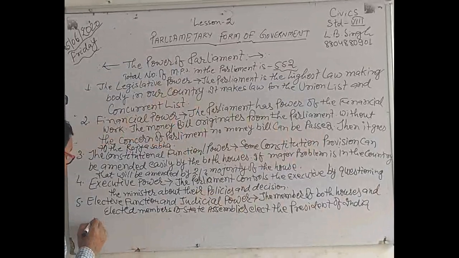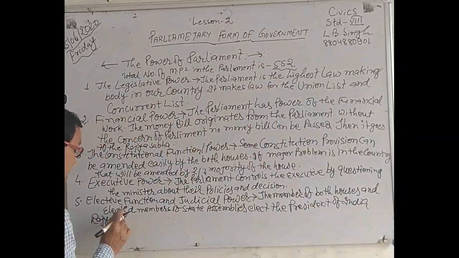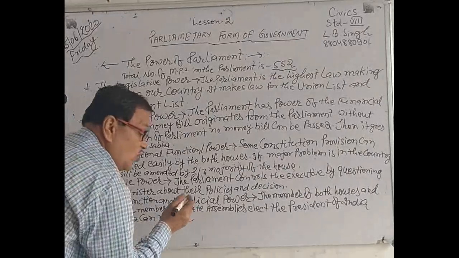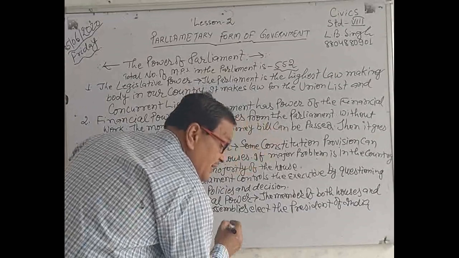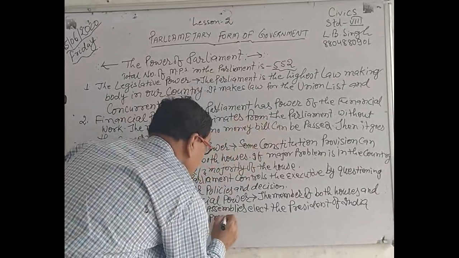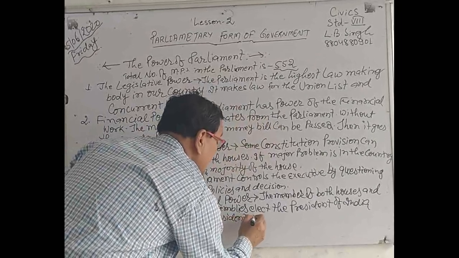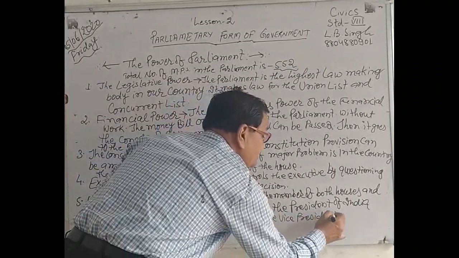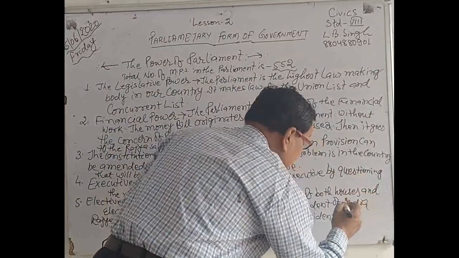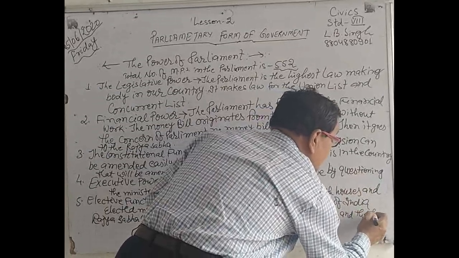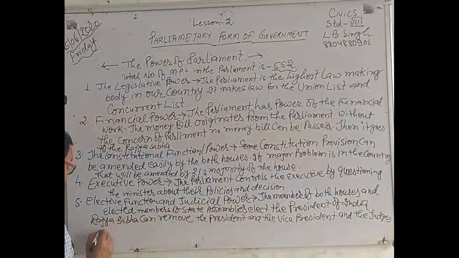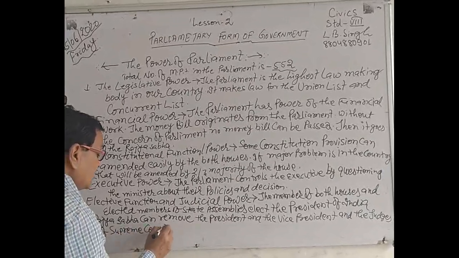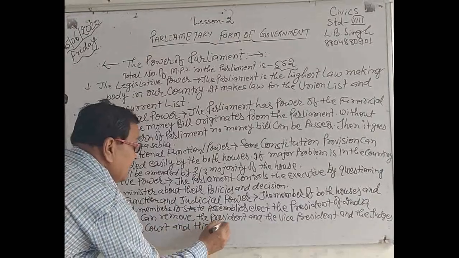Parliament can remove the President and the Vice President, and the judges of the Supreme Court and High Court.